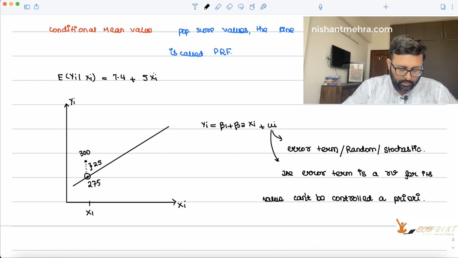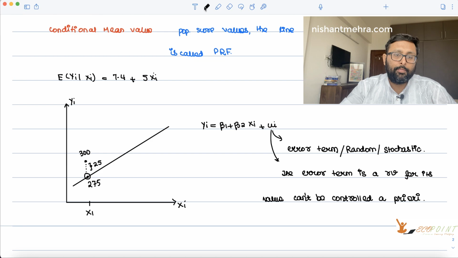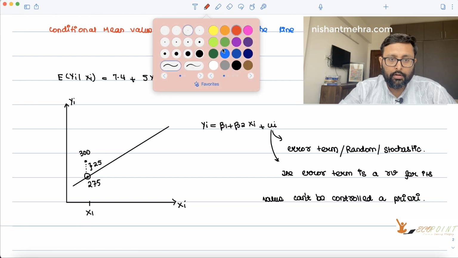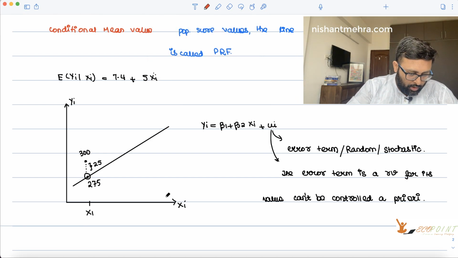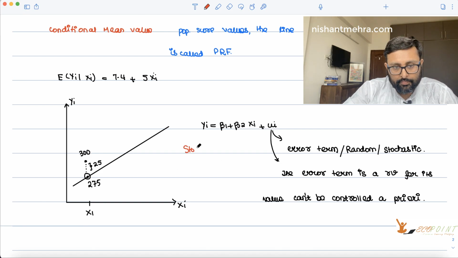So when you add the error term to this population regression, the population regression line itself is called the stochastic population regression line. This is called the stochastic population regression function when you add this term.